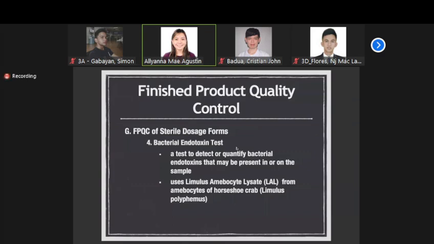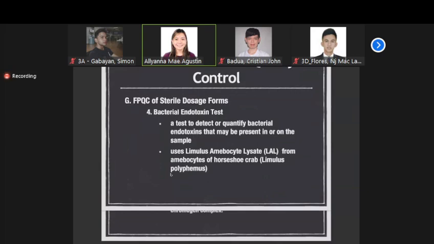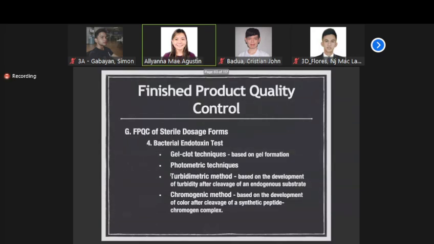Using Limulus amebocyte lysate from the horseshoe crab, you place it in a test tube and observe the reaction. When we say in vitro, it is outside the body. The positive result is a gel clot formation. If there is a gel clot, meaning endotoxin is present.